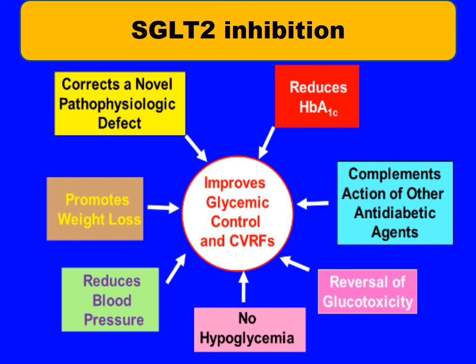They can be used in combination with other anti-diabetic drugs, giving an additive or synergistic effect. Reversal of glucotoxicity associated with type 2 diabetes and type 1 diabetes, as they increase glucose output. Less risk of producing hypoglycemia.